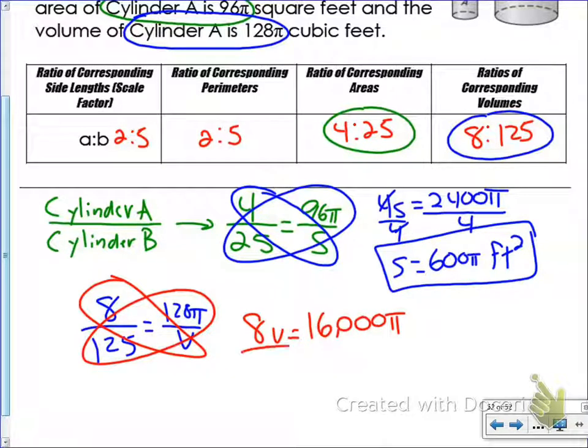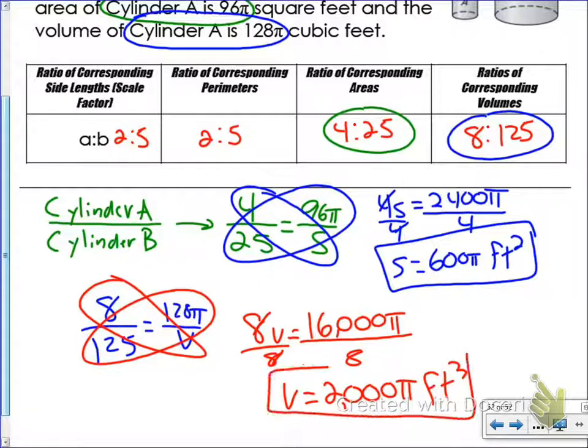Last but not least, divide both sides by 8. And V is going to equal 2,000 pi. And again, this is going to be in feet cubed.